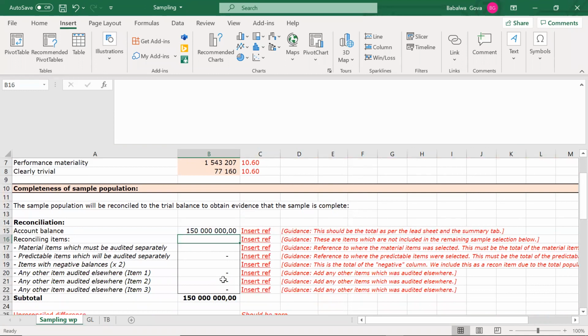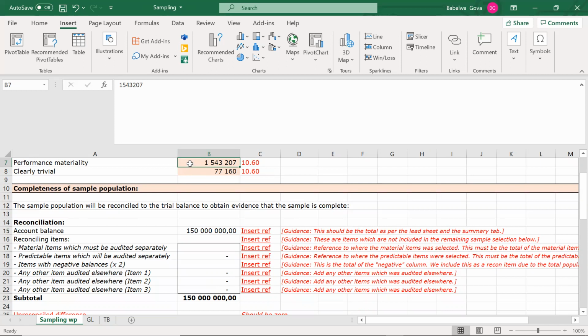The next thing that you need to input in the working paper is to identify whether the population, meaning all the individual sampling units that make up 150 million, has any amounts or items that need to be audited separately. For me to decide what needs to be audited separately, I use the performance materiality as my guidance.